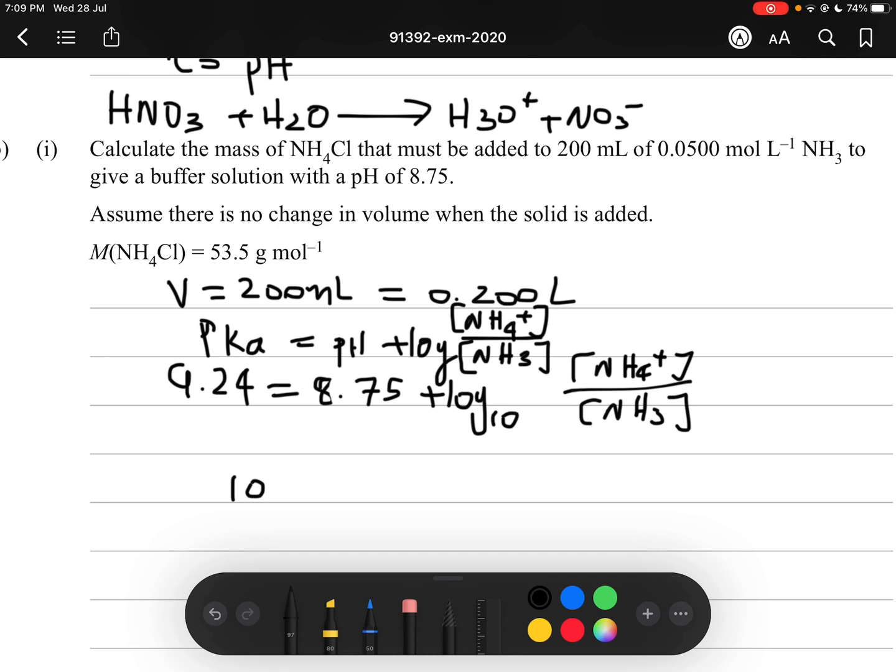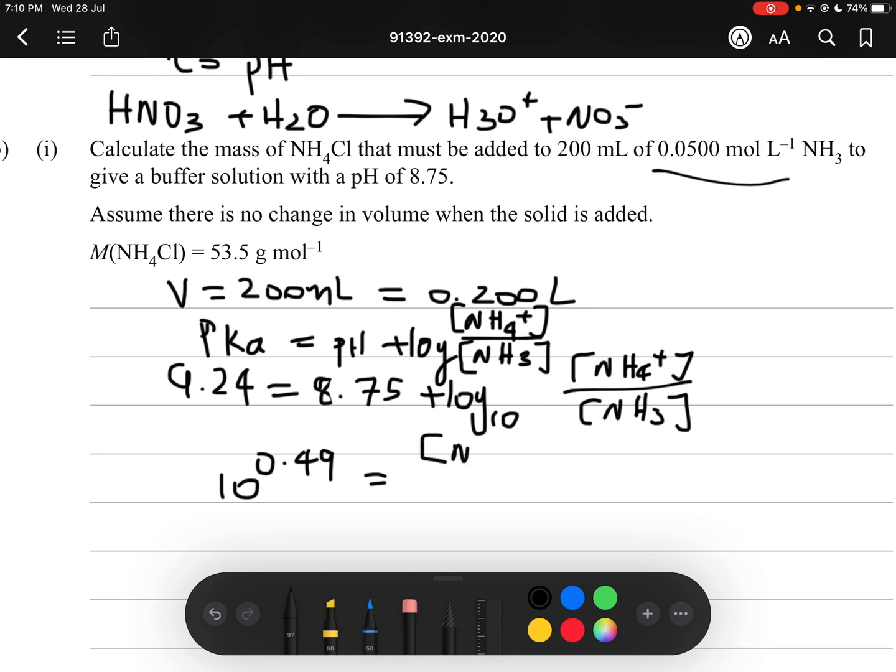And if we simplify, we should have 10 to the power of 0.49. That is equal to the concentration of NH4 plus over that of NH3. We know the concentration of NH3 as of before the NH4Cl was added. That is 0.05 mole per liter.